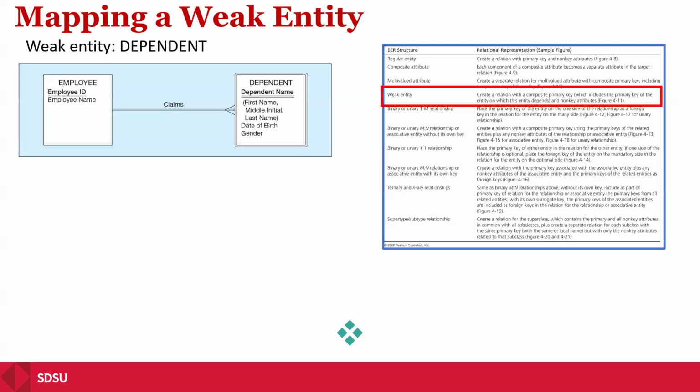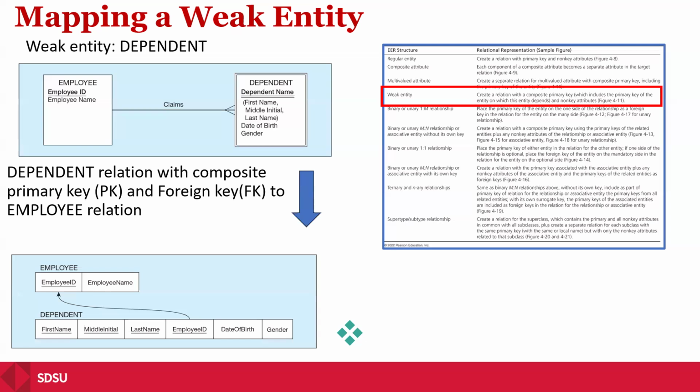So first of all, we create one relation for the main entity, which is employee. Right, and here on the bottom, you can see that employee relation has two attributes, employee ID and employee name. And dependent relation, pay attention to dependent name. Dependent name is not there. Why? Because dependent name is a composite attribute.